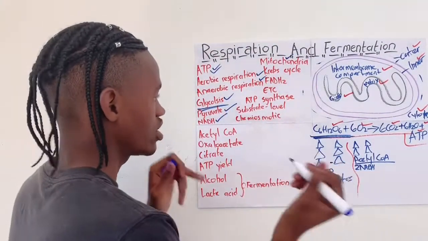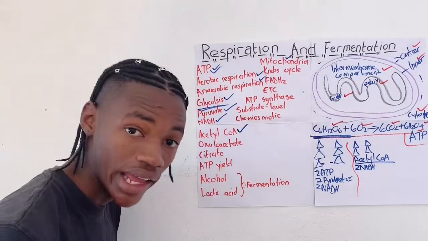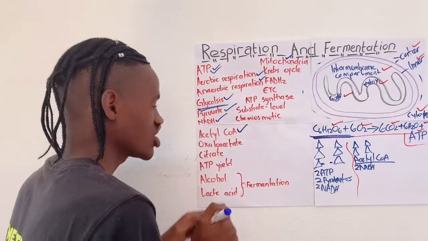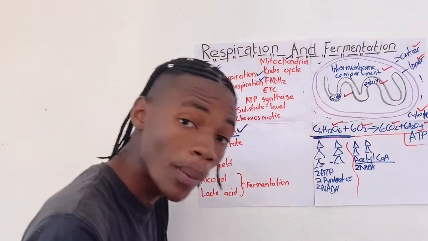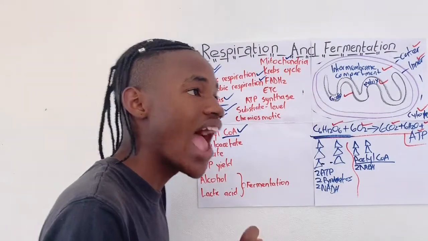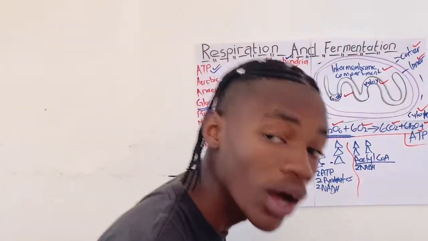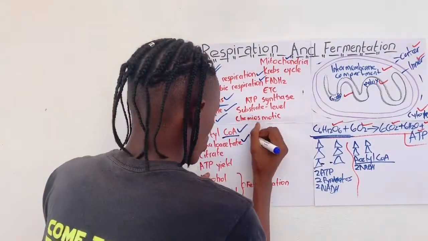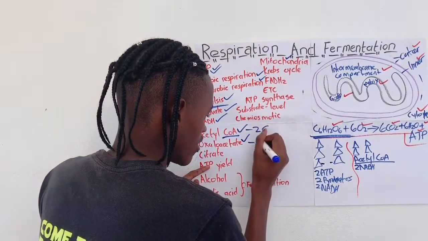Now the acetyl CoA sheds its coenzyme, and it becomes 2 carbons. And the 2 carbon molecule reacts and combines with a 4 carbon molecule called oxaloacetate. So now remember, this is 2 carbons and this is 4 carbons.